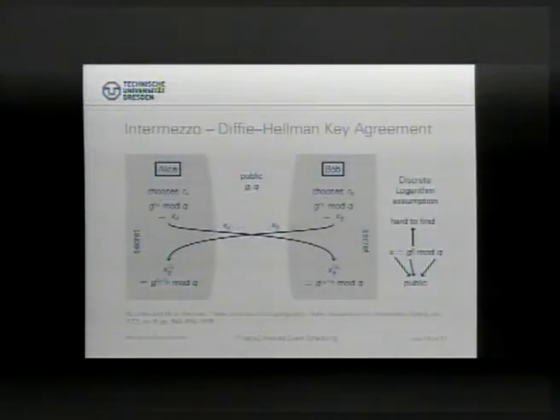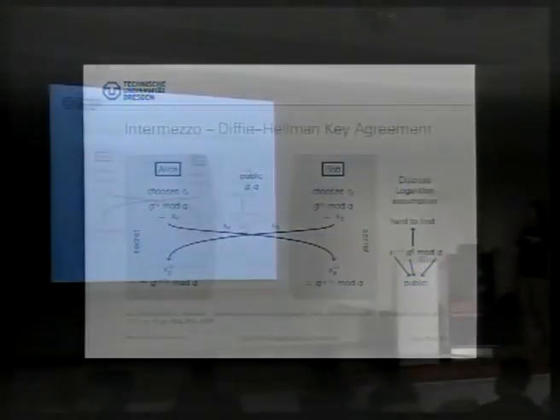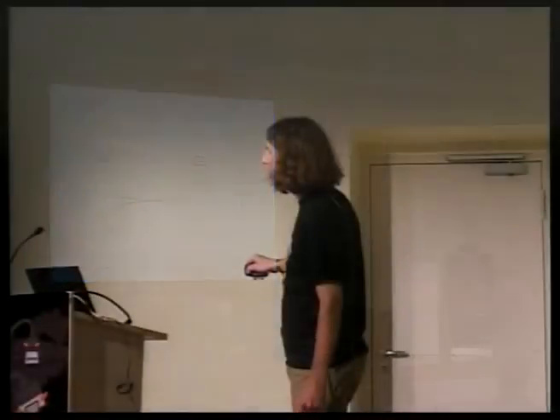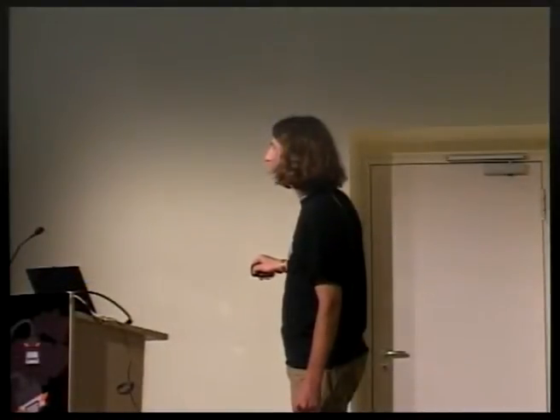The same is on the other side, because inside this one was G to the RB, and G to the RB to the RA is the same as G to the RB times RA. So, with this protocol, both calculated the same value, which is afterwards the symmetric key.